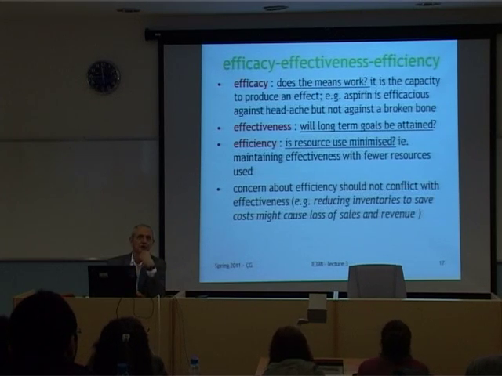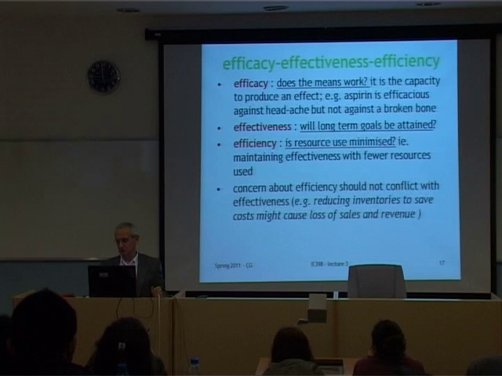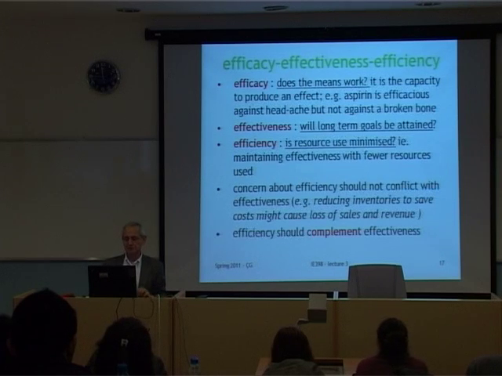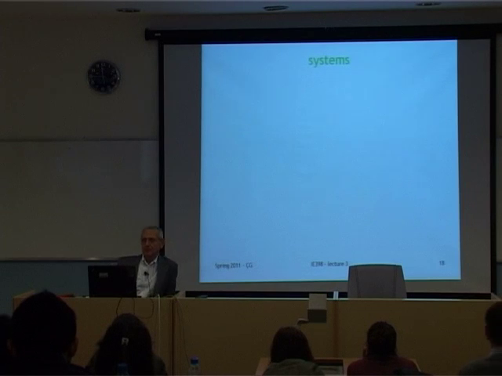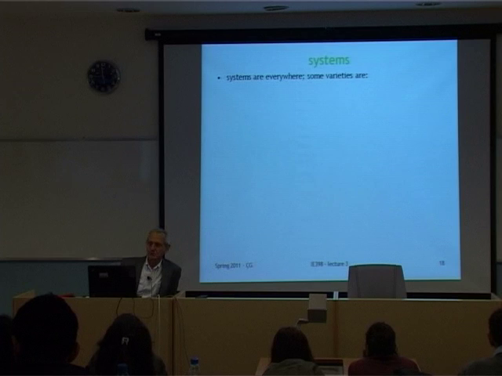If you try to maximize your profits by trying to minimize inventory costs, you may end up with an unexpected result. So they should not conflict with each other. Efficiency should complement effectiveness. So let's start, therefore, with the concepts of systems.